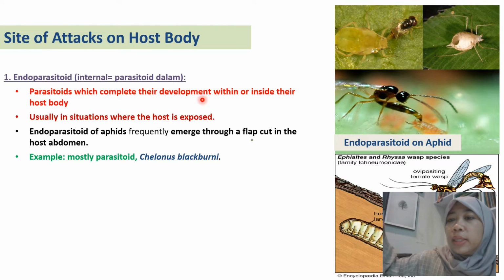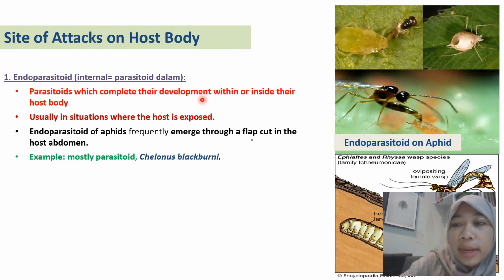So the adult parasitoid will search for the host, and after they find the host, they will deposit their egg into that host. They inject the egg with their ovipositor inside the host body, yeah, and after that the larva of the parasitoid will live inside the body of the host.